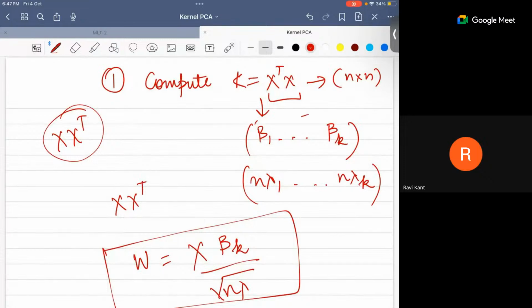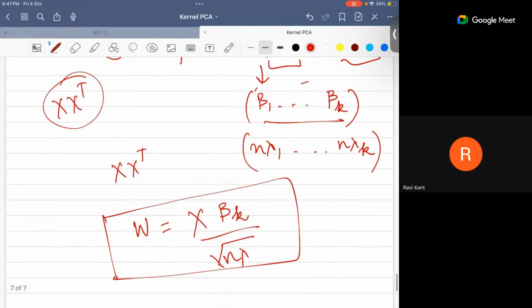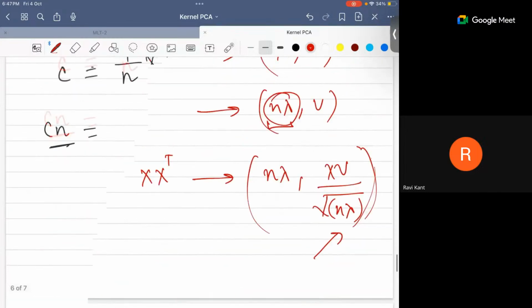Because this is n cross n, a smaller matrix as compared to your D, because we are assuming that D is very large, right? So you calculate the eigenvector, and then with that eigenvector, you can come upon the eigenvector corresponding to X transpose also, right? This is what we were discussing from the starting.